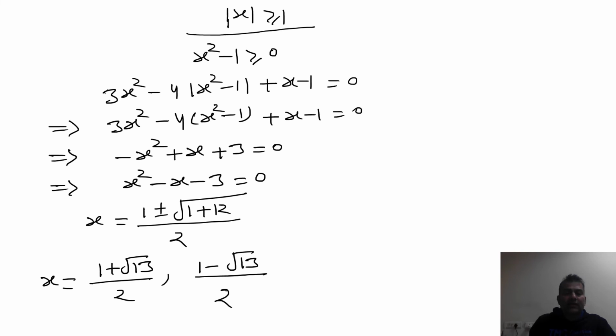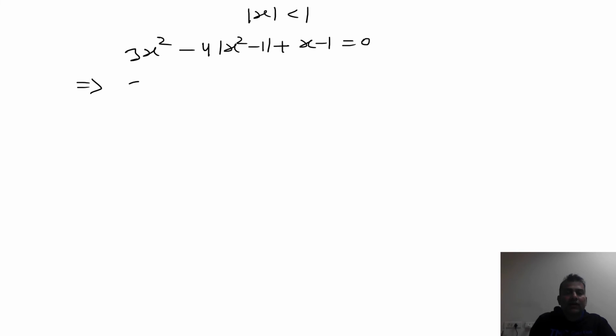And for the other root, square root 13 is greater than 3, so 1 minus square root 13 is less than minus 1. So both roots satisfy mod x greater than or equal to 1. So these two are solutions of our main equation.